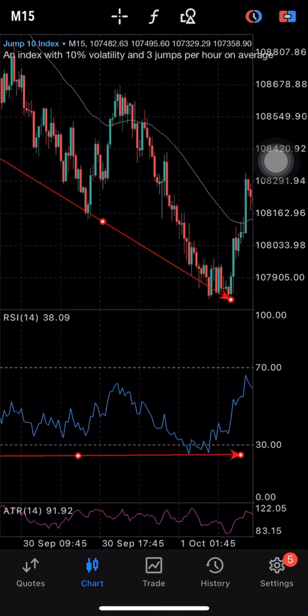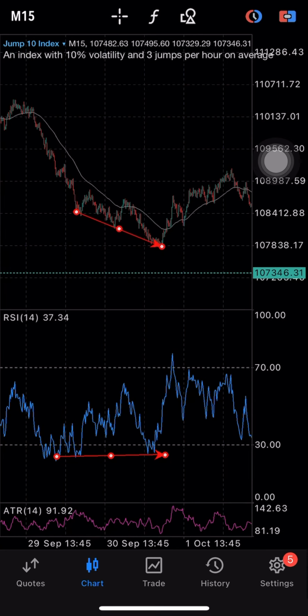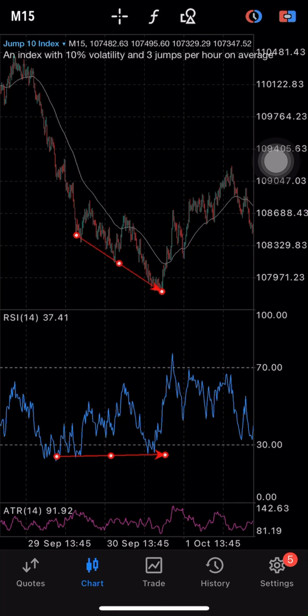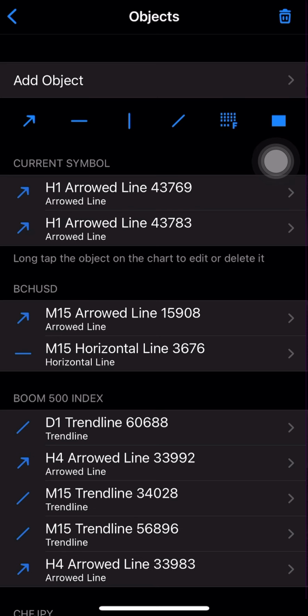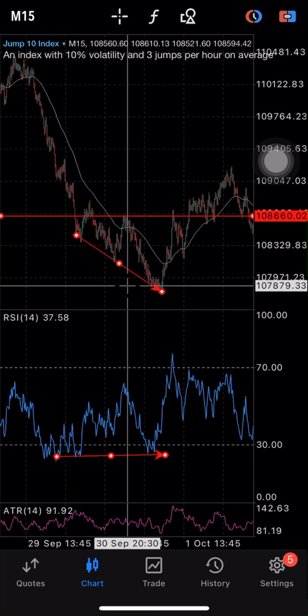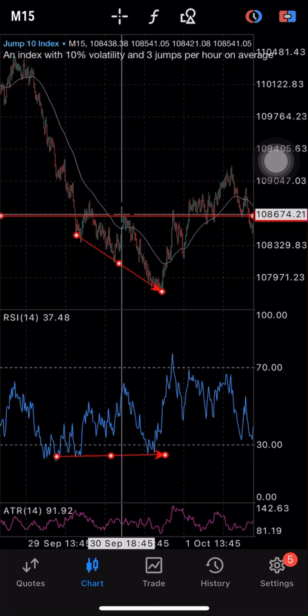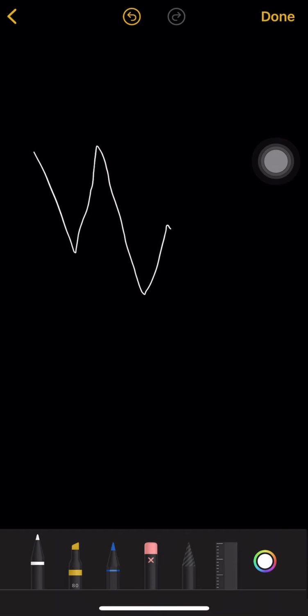Let me use market structure in this particular scenario. Now this is my previous high. Marked this high here.